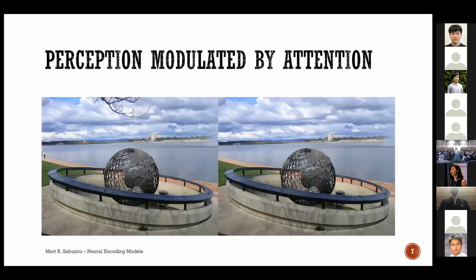Okay, so what do I mean by attention? Well, it's really well established that human visual perception and also auditory perception is very heavily modulated by attention. We basically see what we attend to, and there are many famous human psychological and neuroscientific experiments that demonstrate this, but you can immediately see this in this simple example.